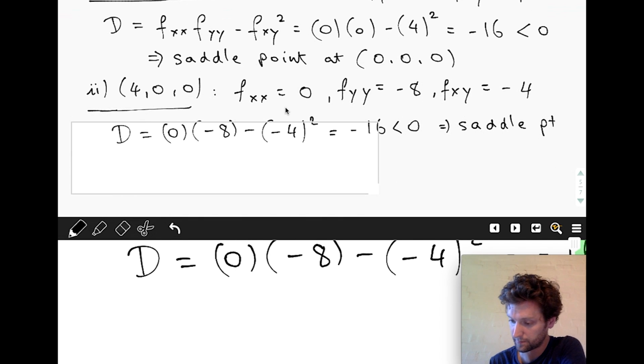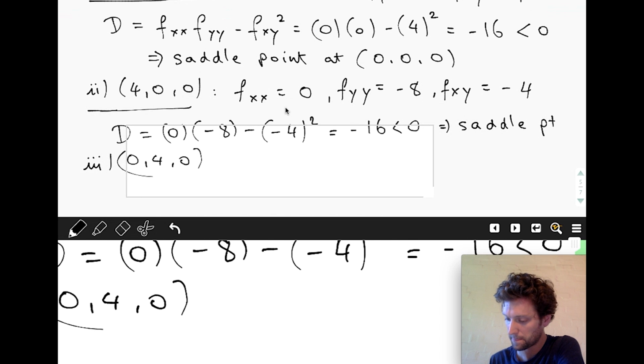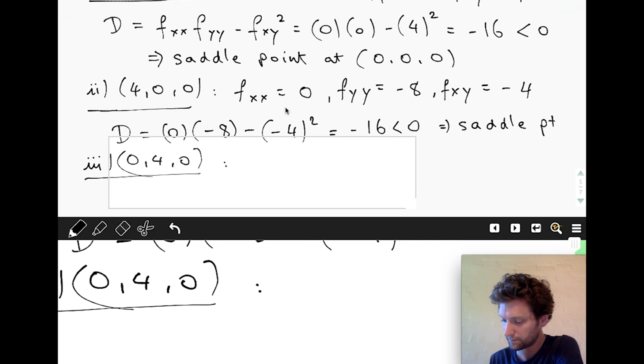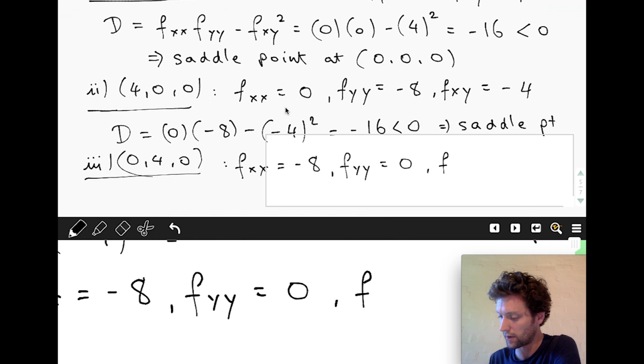Third possibility: 0, 4, 0. Calculating, the second derivative with respect to x is equal to minus 2 times 4, which is minus 8. The second derivative with respect to y is equal to 0, and the mixed derivative fxy is equal to 4 minus 2 times 4, which is minus 4.